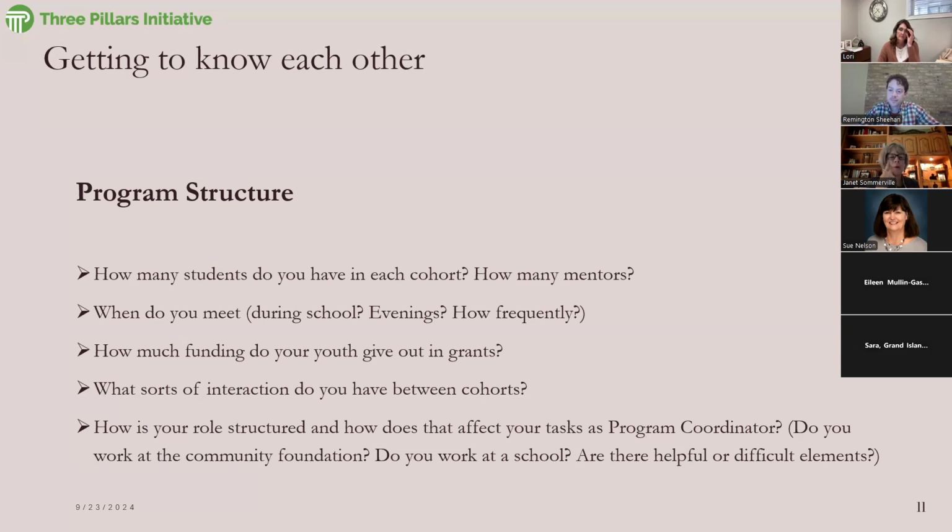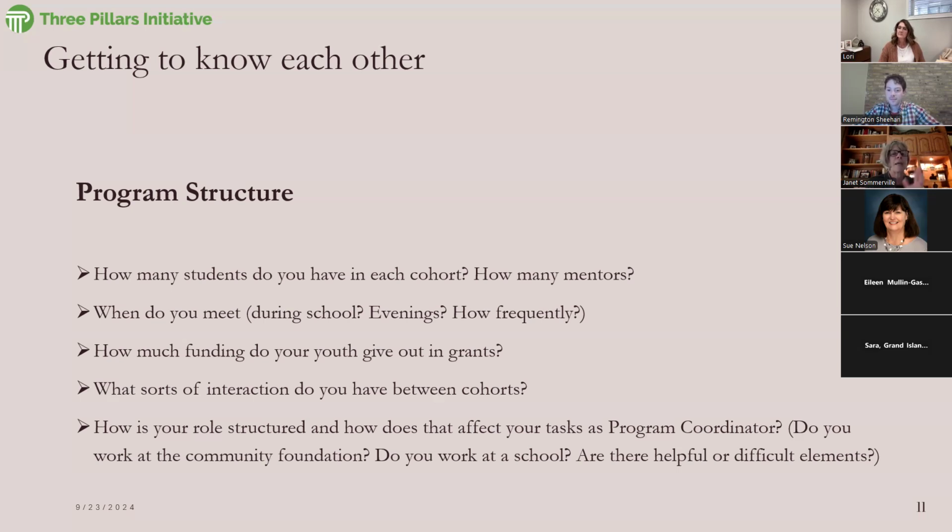Sure. So we run ours through a local nonprofit called Kids Matter. That came about because the gentleman who heard about the 3 Pillars program approached the then executive director for Kids Matter and said, I think this is a great program that could run underneath your umbrella, the nonprofit.